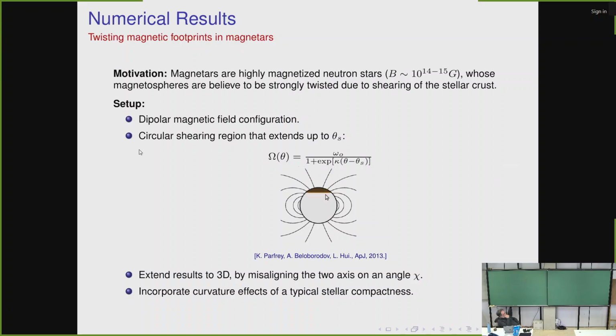So locally, you can inject some sort of twist associated with these crust failures in the surface. So you inject this electromagnetic energy from the surface, and you can study how it propagates within the magnetosphere and how it behaves.